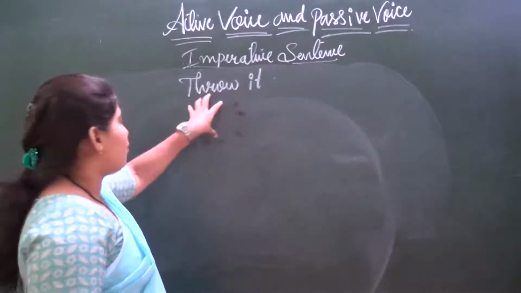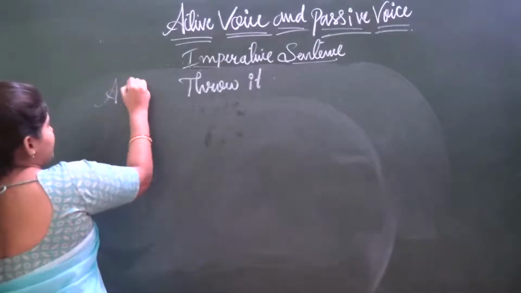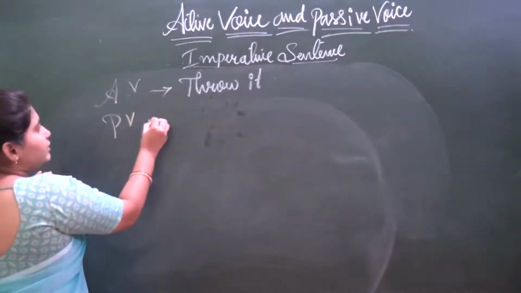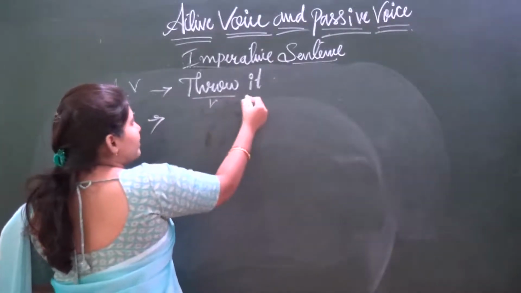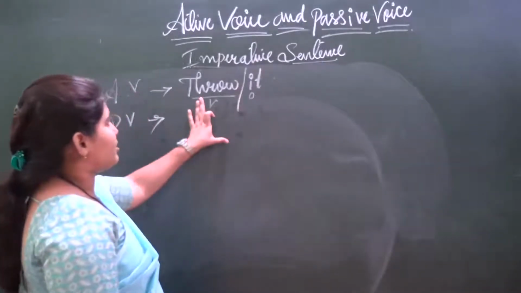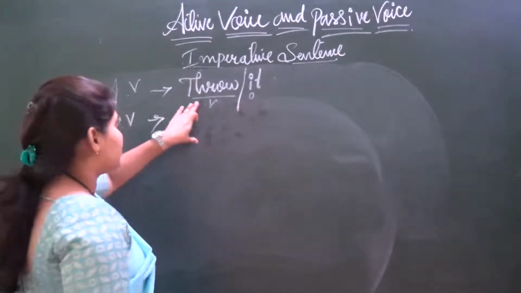Now you should write: this is active voice. Now what is the passive voice here? Same thing. Throw is a verb and it is the object.